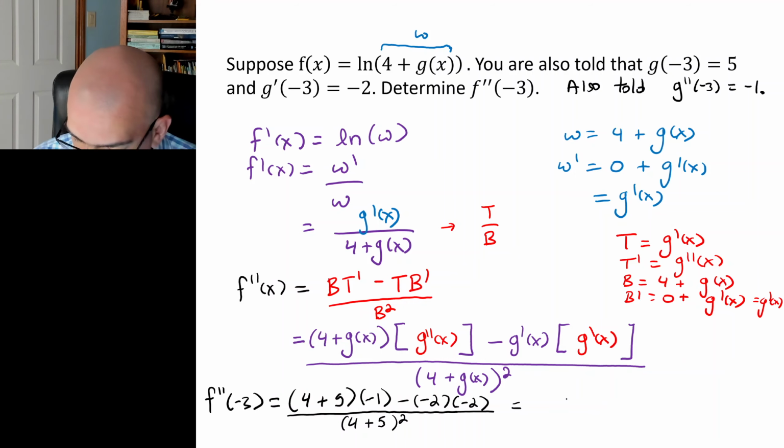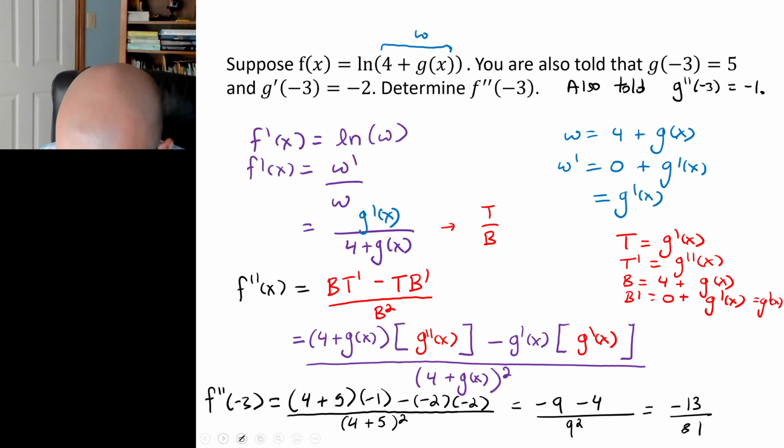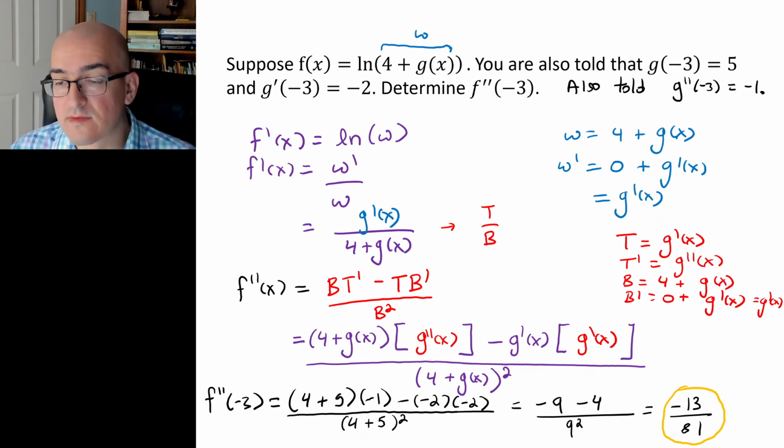Now simplify. 4 plus 5 is 9, times -1 is -9. Now we have negative, negative, negative, so -4 divided by 4 plus 5 squared, so 9 squared. We get -13 divided by 81. That's our beautiful answer. That's it. See you next time.